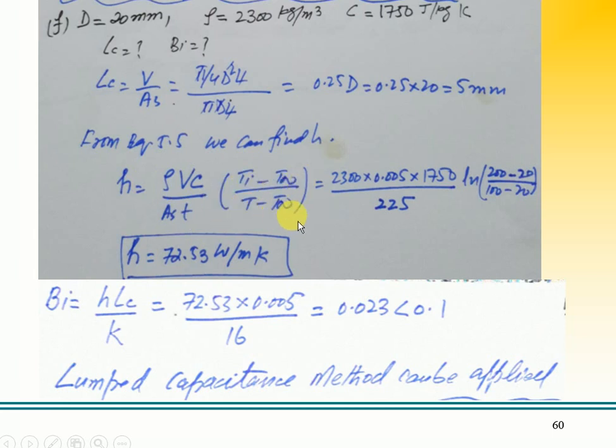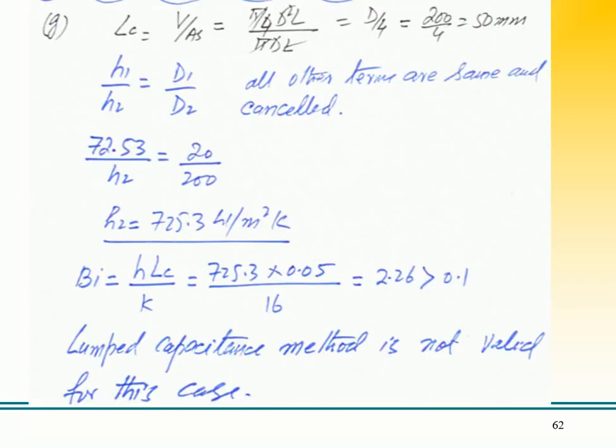These are the Ti minus T infinity, T minus T infinity. The only thing is V by A_s, which is the characteristic length, and that is the diameter, which plays the role in the difference of the convective heat transfer coefficients. So by comparing these two, I write h1 by h2.